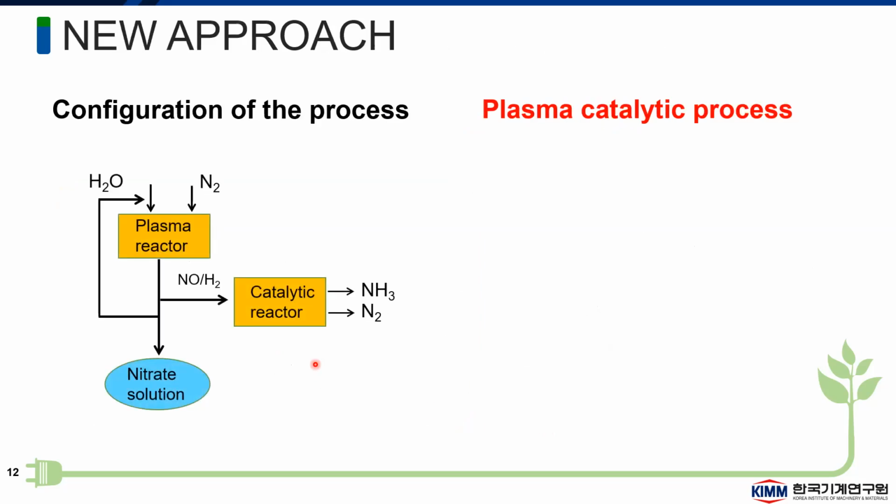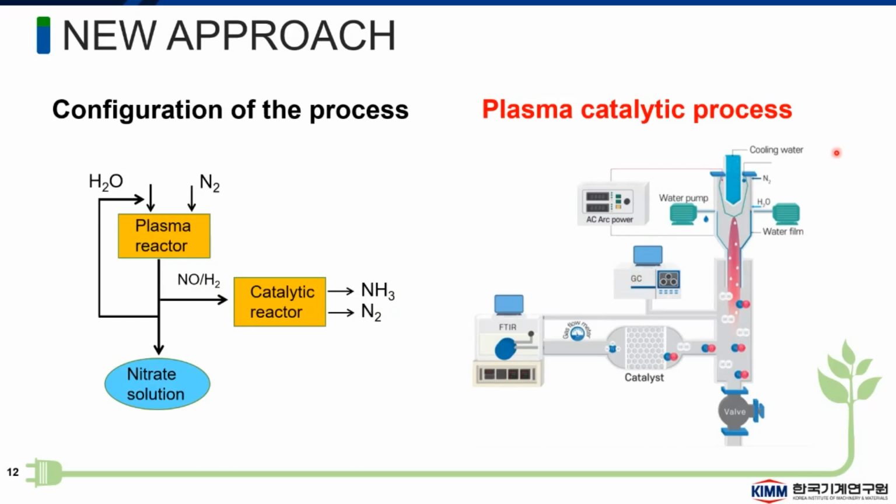So let's talk about its configuration. In the plasma system, we introduce nitrogen discharge and water, and then it forms NOx and hydrogen. One part of the NOx dissolves in water to form nitrate, and the other part of the NOx reacts with hydrogen to form ammonia.